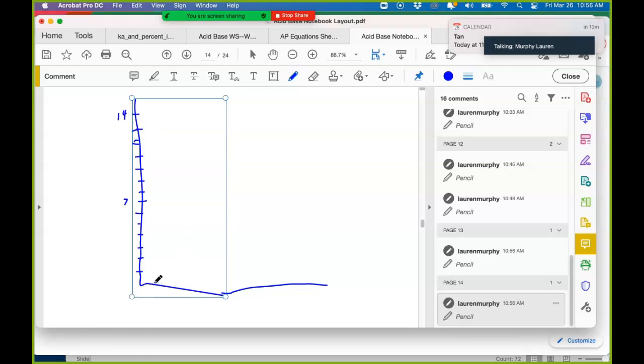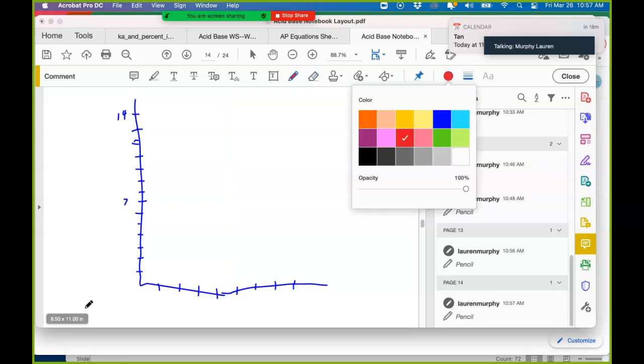And then I'm going to do this like 5, 10, 15, 20, 25, 30, 35, 40-ish. And then I'm just going to plot all of my data points.